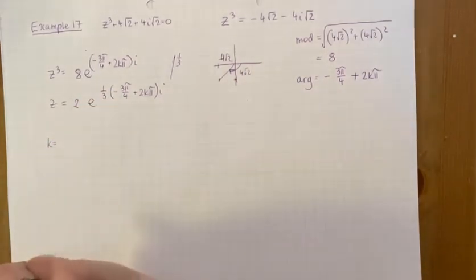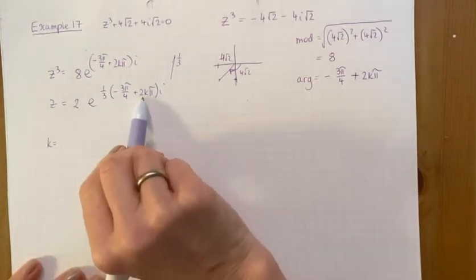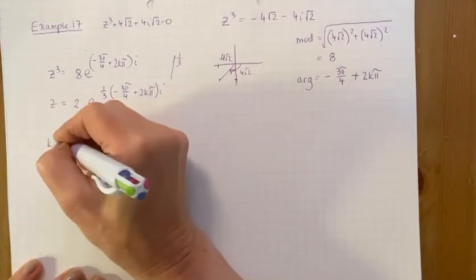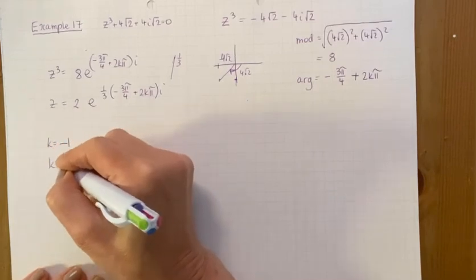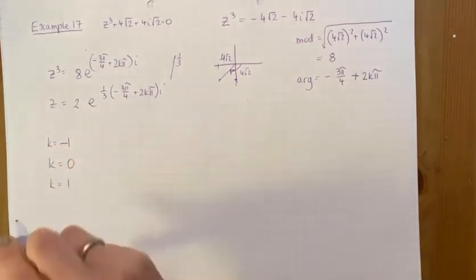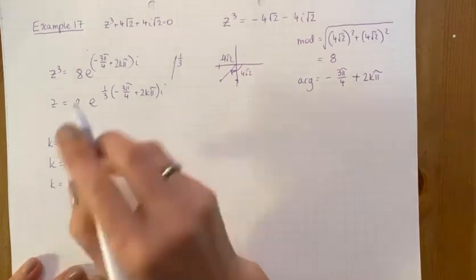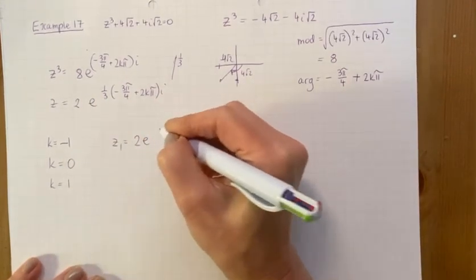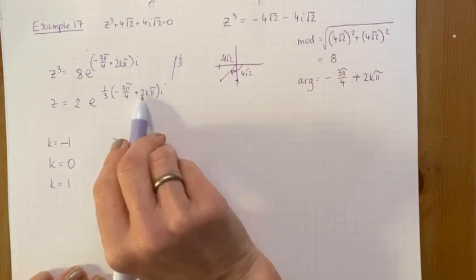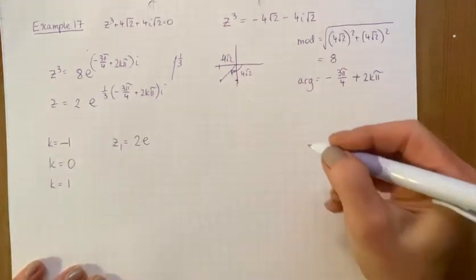I'm going to try, actually, if I put minus 1 here, we could actually try. If we need to adjust, it's a good idea to see what I mean by that. So if I put minus 1 here, my first complex number is going to be 2 e to the power of, well, let's think what's the argument going to do here.